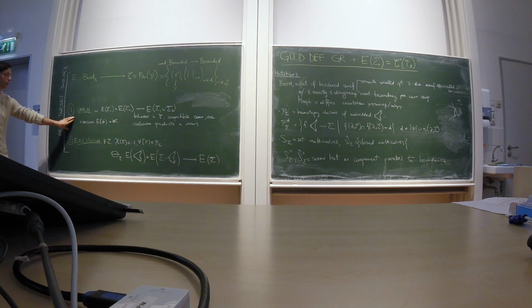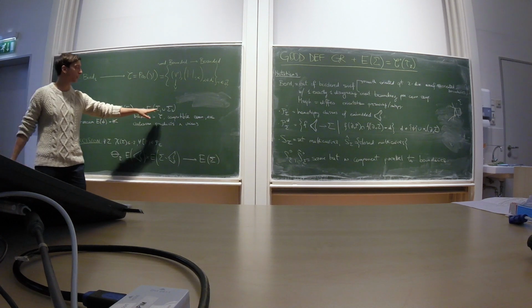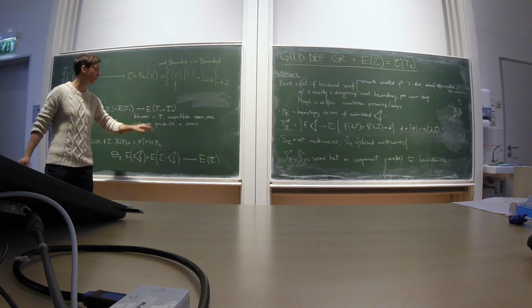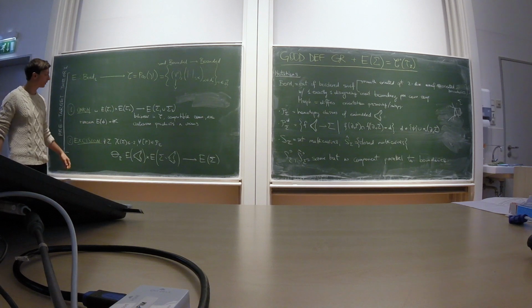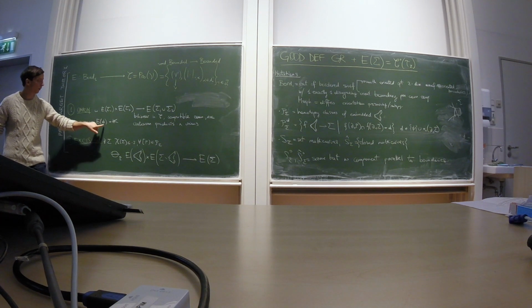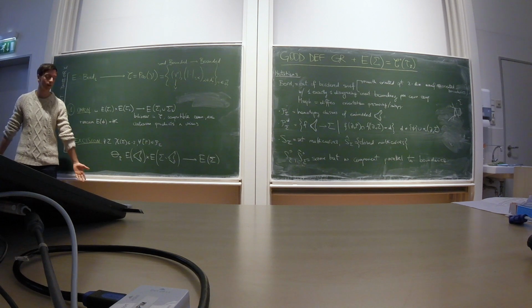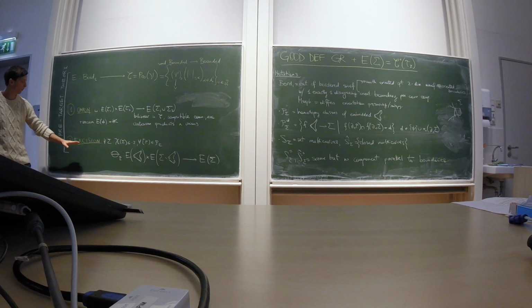Then we must have a union map from E(Σ_1) and E(Σ_2) to E(Σ_1 ∪ Σ_2), with compatibility conditions. And moreover, what we call vacuum, the fact that E of the empty bordered surface is just the field K, which is usually C or R. And moreover, we want the excision axiom, which is very important.